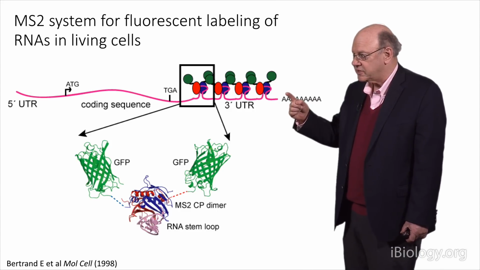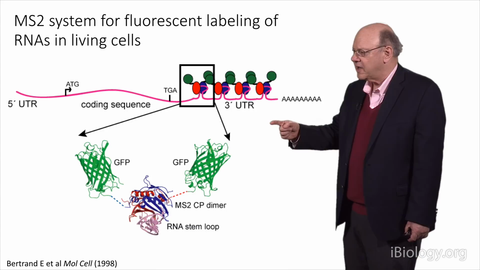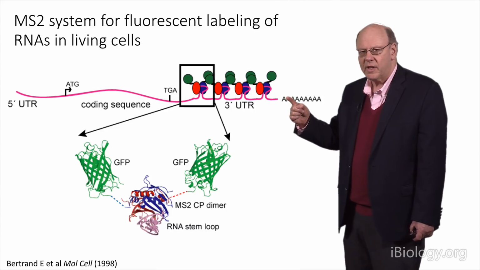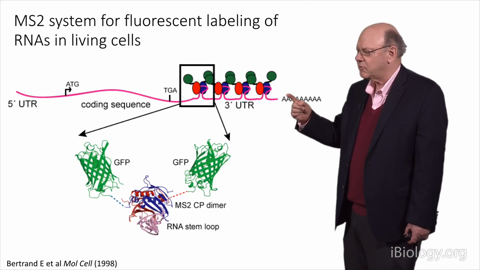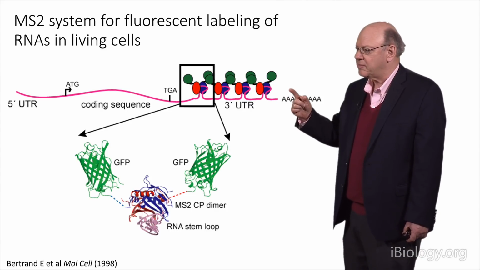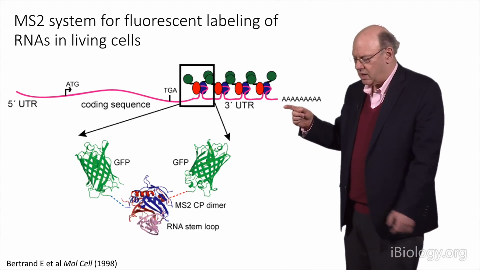When they're multimerized, and we put in 24 of them, so that with the dimer GFP, there are 48 fluorescent proteins associated with each RNA molecule. And that makes the RNA molecule very bright and allows you to follow it in time.